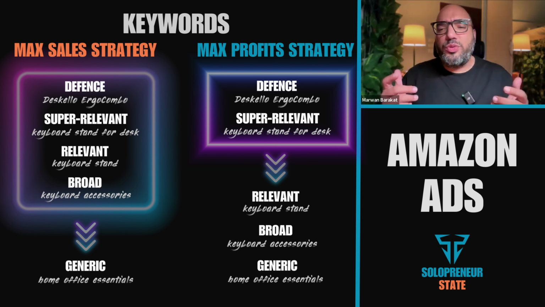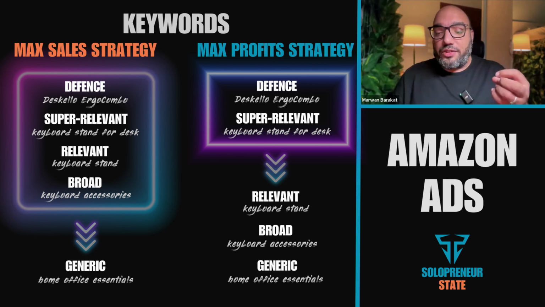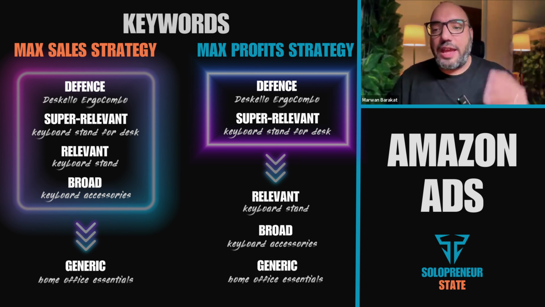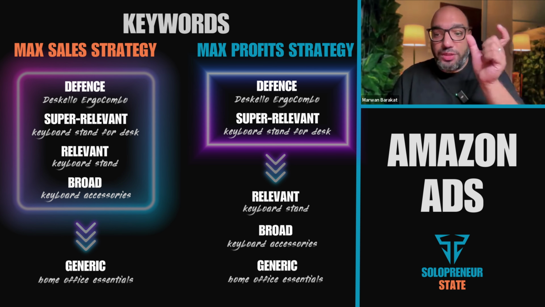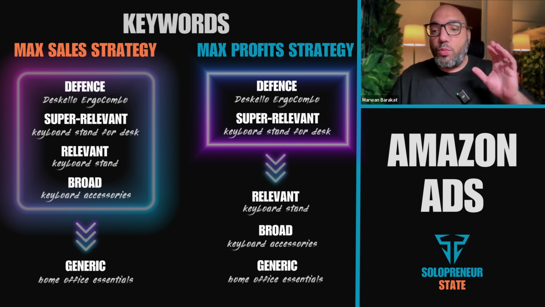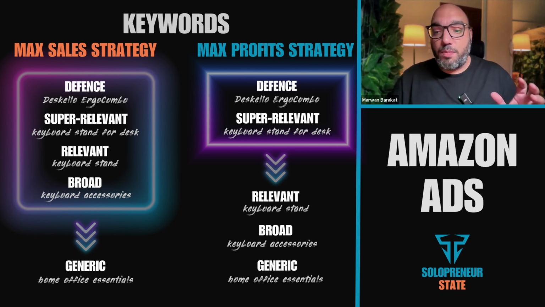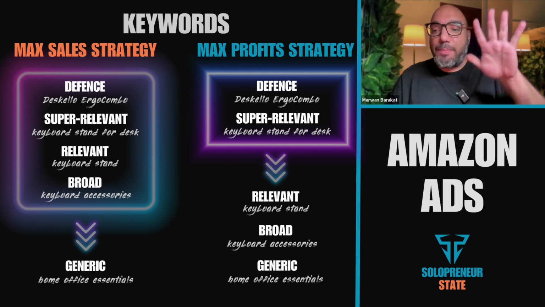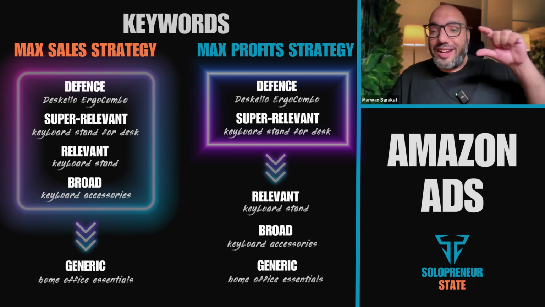But why would we do that? On Amazon, other sellers can target your brand name as a search term or keyword and show their ads under that keyword. For example, if I'm selling Diskello Ergo Combo, my competitors can target that as a keyword and put it in their campaigns. Whenever someone searches for Diskello Ergo Combo, if there are 5 sellers bidding for that keyword, the first row is going to be full of other products that are not mine.